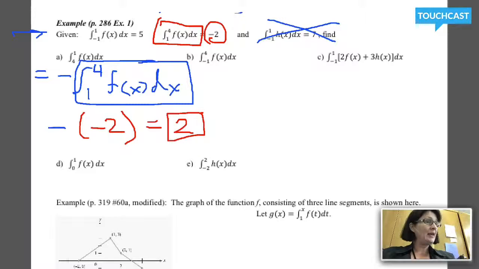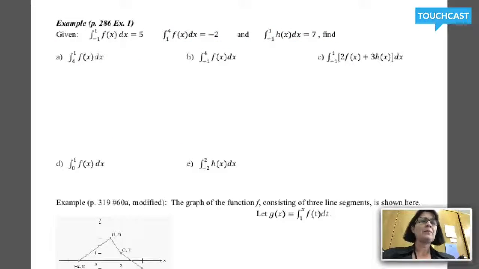For letter B, it's a little trickier. Again, this third one's not going to help me because it tells me stuff about h, and letter B just asks about the area under f. So what can I do here? I want the integral from -1 to 4 of f. Well, notice that means the area under f between -1 and 4.